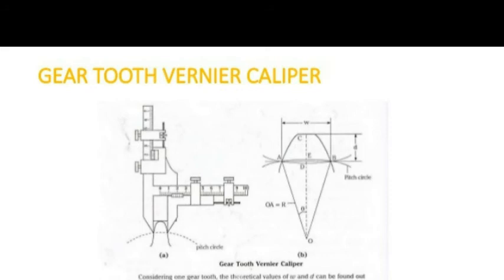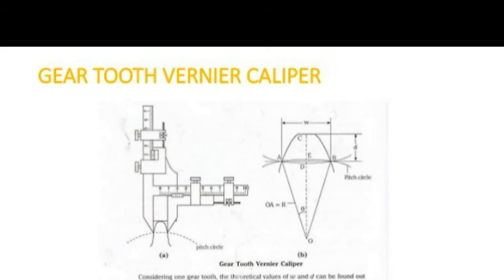Also, the depth small d adjusted on the instrument is slightly greater than the addendum CE. This distance from the top line to the point E on the pitch circle is the addendum, whereas small d is slightly greater than the addendum, by the amount ED.